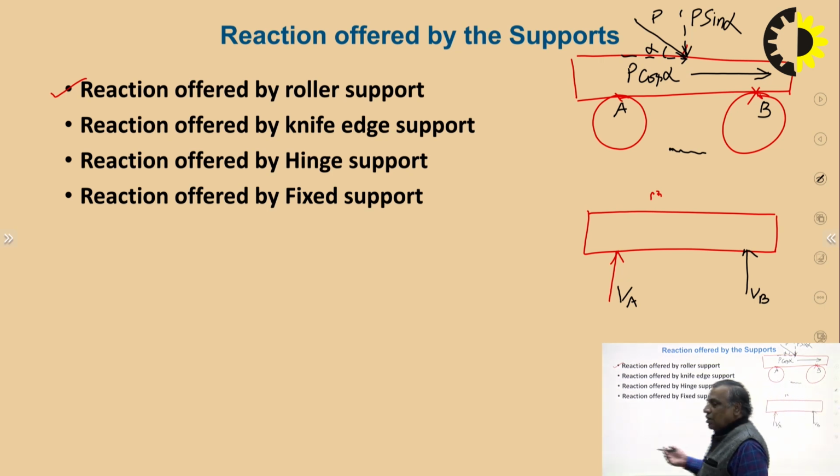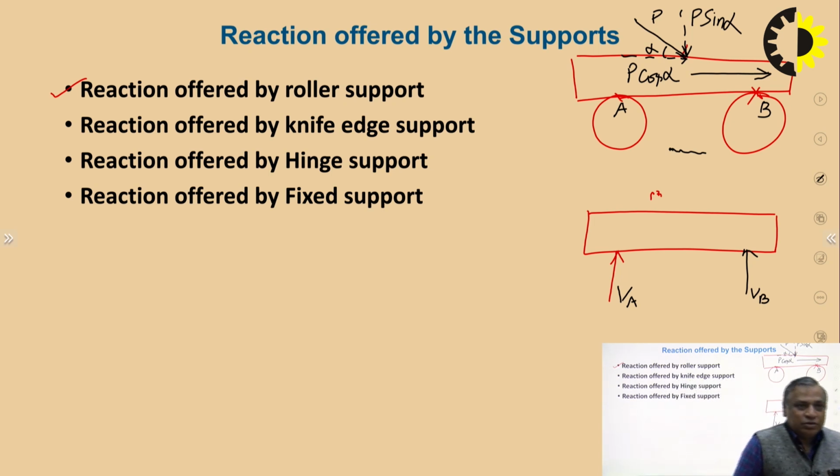I will tell you one more thing. In case of beams, we must have one support roller or knife edge and the other must be hinge support to keep our problems in the statically determinate range. If both are hinge supports or fixed supports, then it will come into the indeterminate beams.